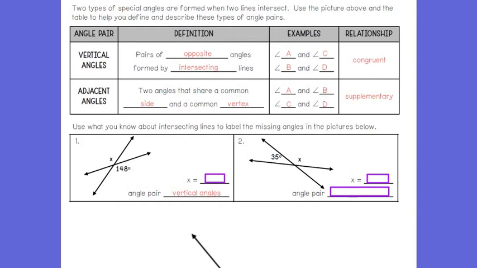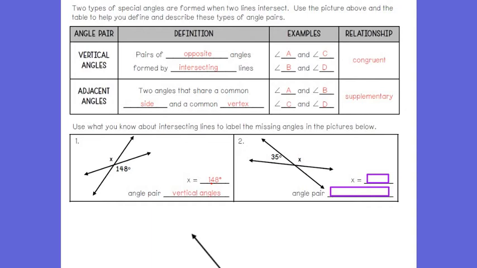Vertical angles are congruent, or the same, or equal. So if they say 148 is this angle, then what does x have to be? 148. I love vertical angles. They're simple. They're the same. They're congruent. Always the same.